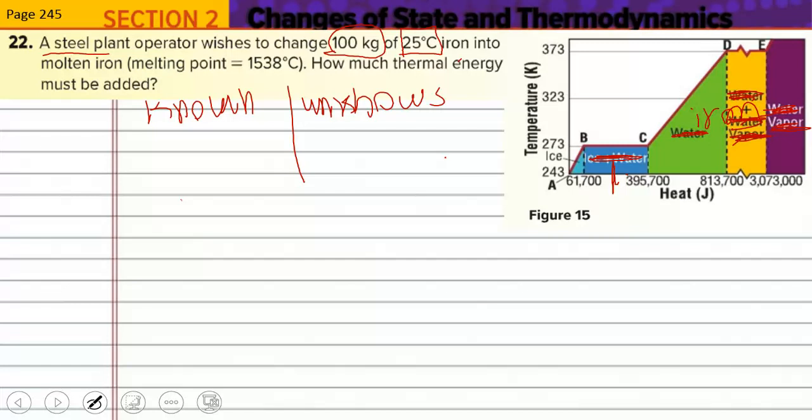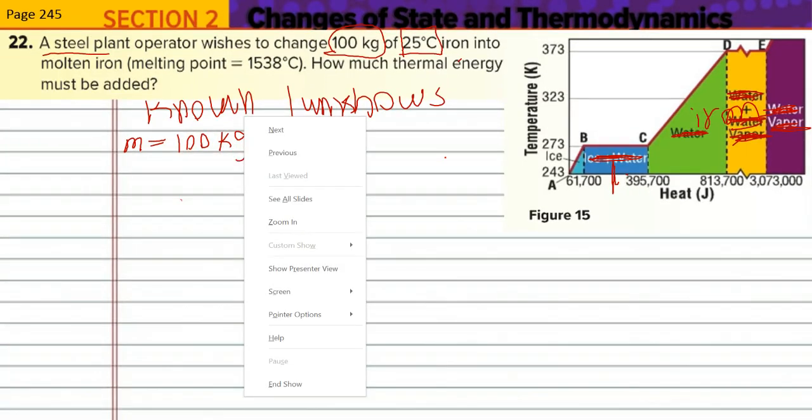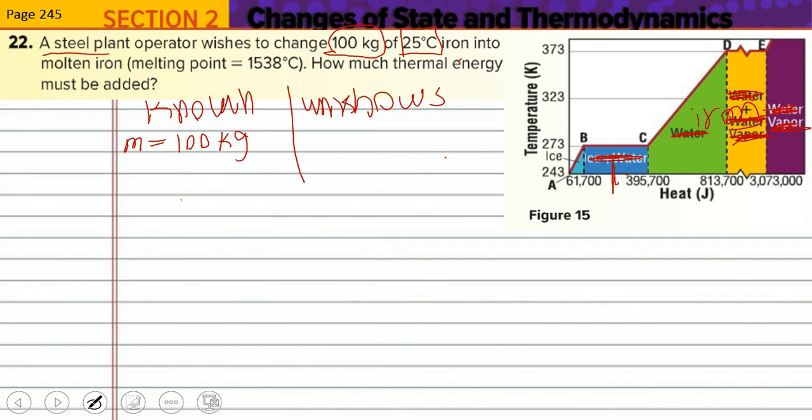After that, he said 100 kilograms, so the mass is equal to 100 kilograms. And it is 25 Celsius iron into molten iron.